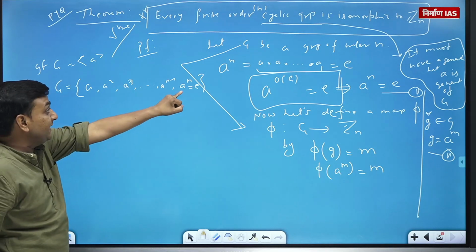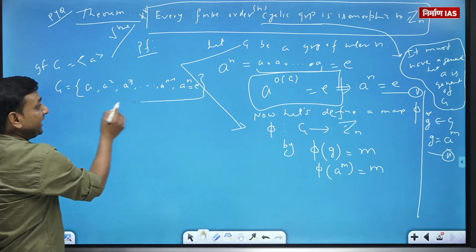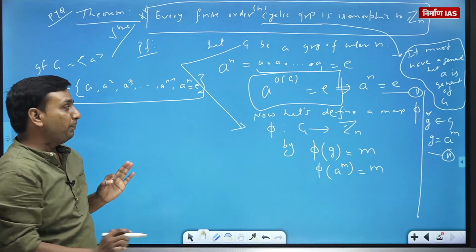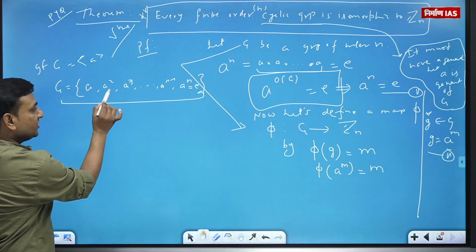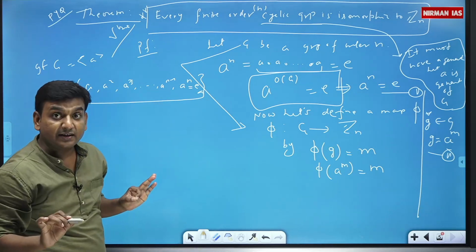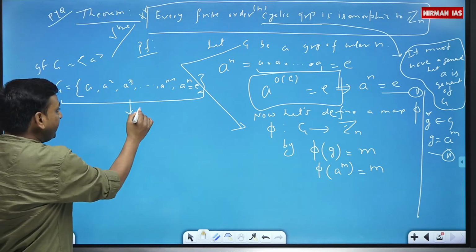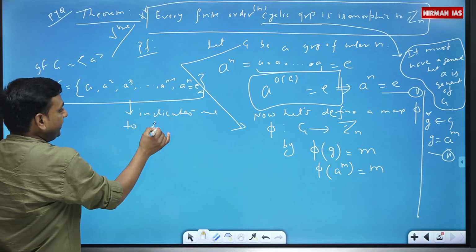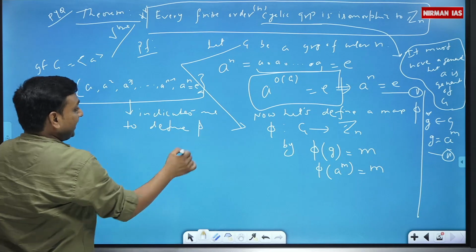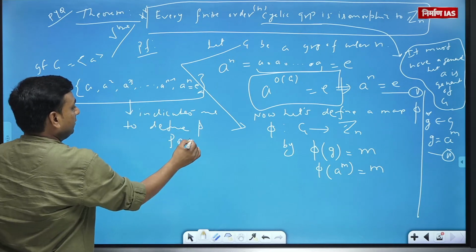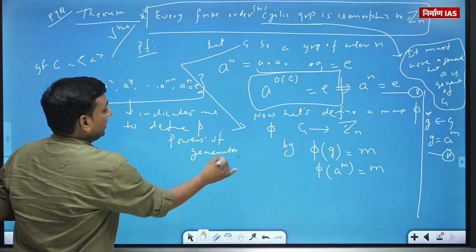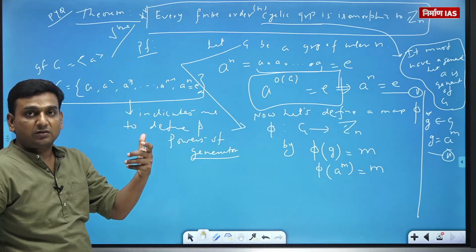So what it indicates is that if you have some cyclic group, then you will have n powers like this, where each element will be represented. It indicates me to define phi like powers of generator, or you can say number of times composed.